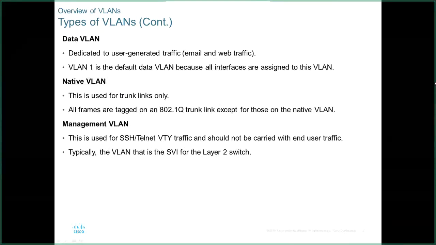Now, a native VLAN is a definition of what doesn't need tagging when it goes across a trunk. So we'll explain what trunking is and the protocols and how it works in a little while, but basically a native VLAN doesn't have tags across a trunk. Non-native VLANs all get a tag.